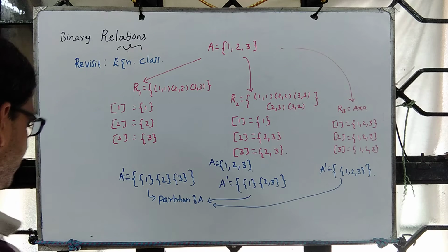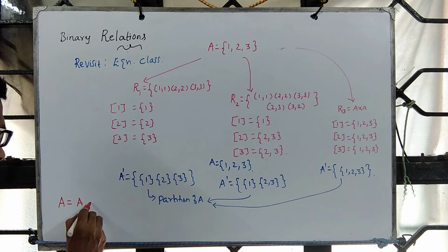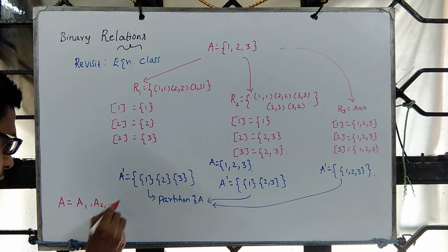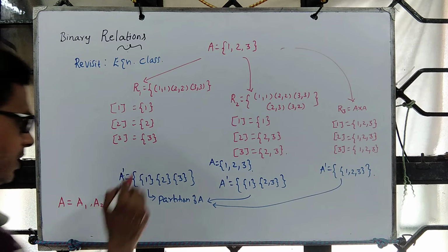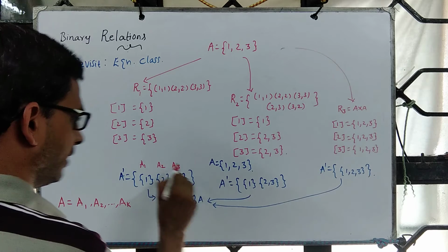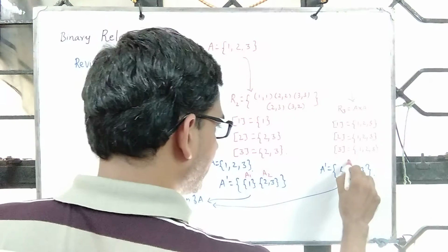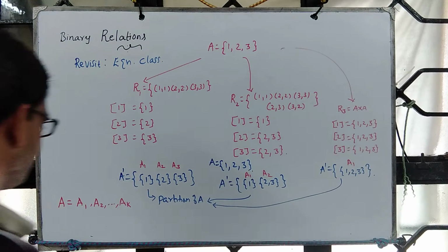What do you mean by partition? You have a set A. You rewrite that set as A1, A2, and so on up to Ak. So in this case it is A1, A2, A3. In this case it is A1 and A2. In this it is A1 alone.